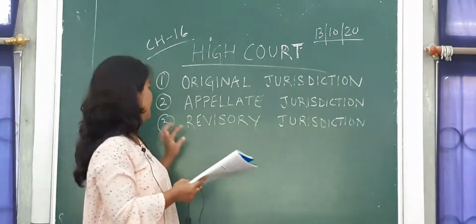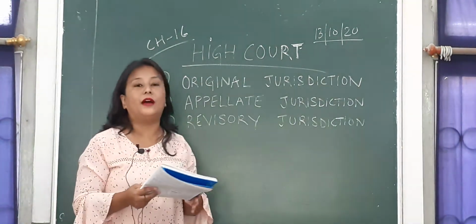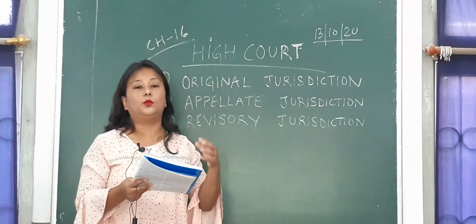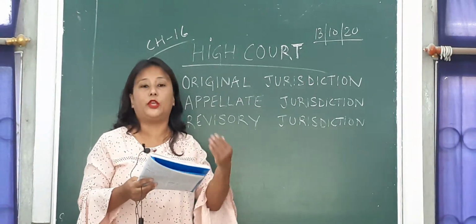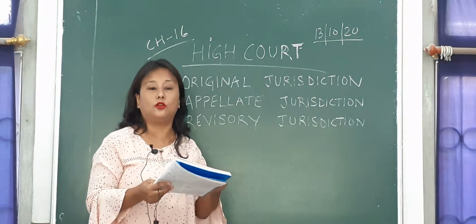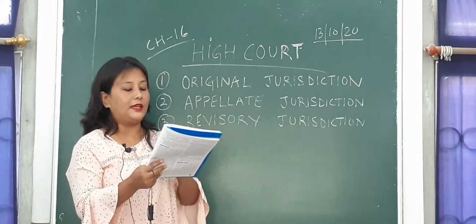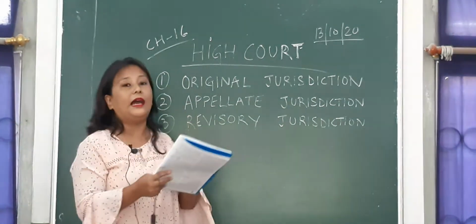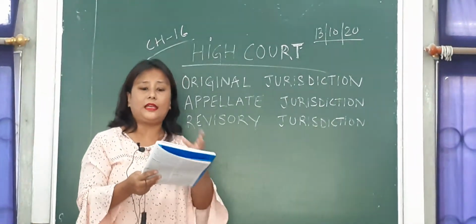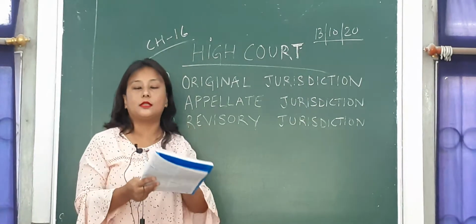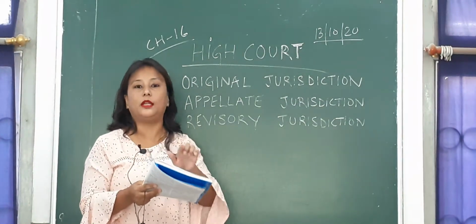Then the third one is your revisory jurisdiction. Now the word revise means to review, isn't it? To check, to recheck if there are certain mistakes or not. So under revisory jurisdiction, the High Court can ask for the record of any case which is solved or decided by the subordinate courts.